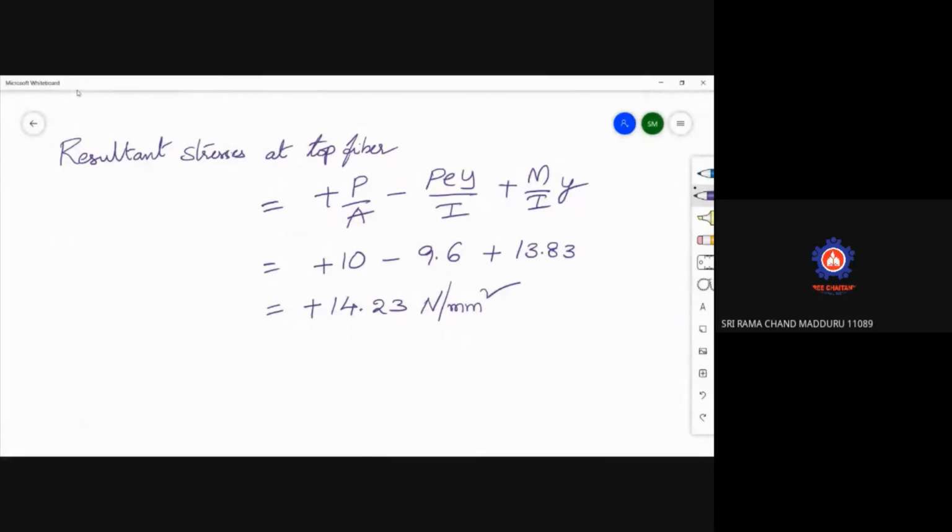Now coming to the result at bottom fiber. So this was sigma T, the stress at top fiber.